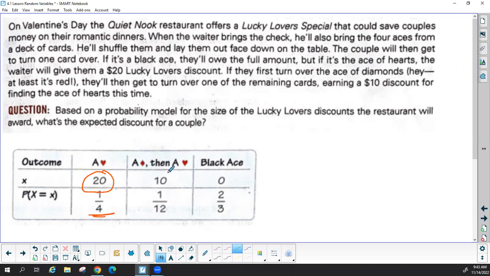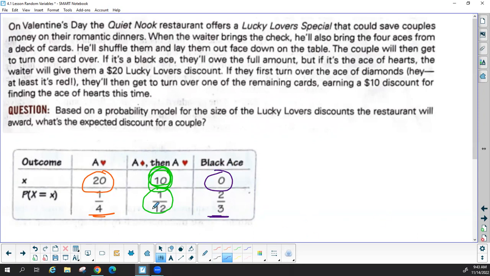If you pick the ace of diamonds and then the ace of hearts, you get a $10 discount. There's a 1 in 12 probability of that, and we'll talk more about these probabilities as we go through this unit. And then if you select a black ace at any point, you just have to pay your full price, and there's a 2/3 probability of that.